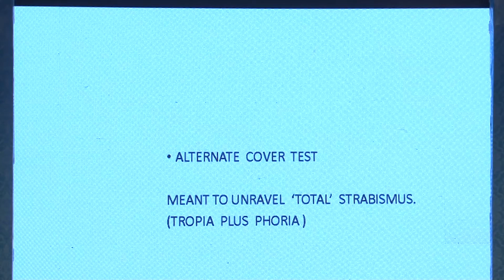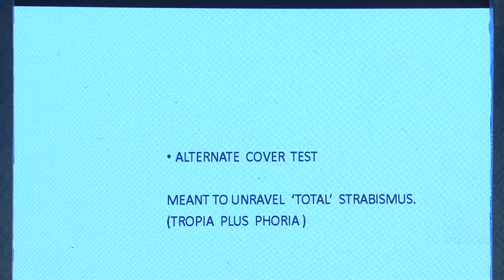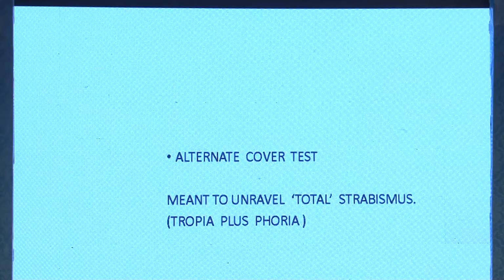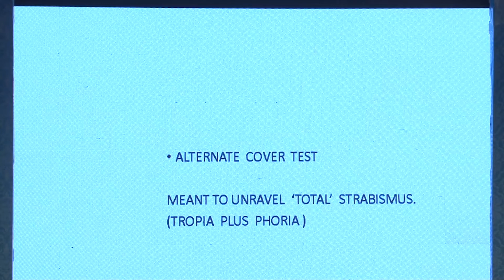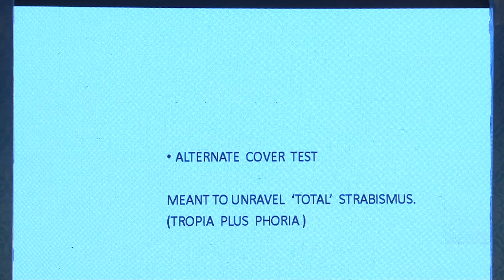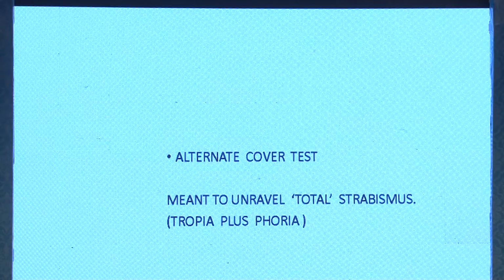If you have 20 PD of tropia, and when you do the alternate cover test you find the strabismus goes to 40 PD, because the 20 PD is the amount of foria, you correct 40 PD. Otherwise you leave him with 20 PD foria, the patient will have symptoms, and he is not treated correctly.